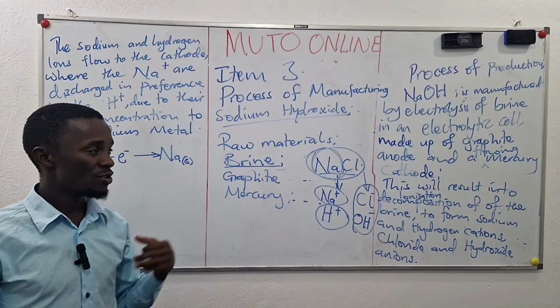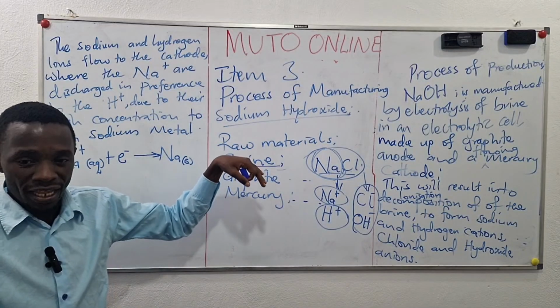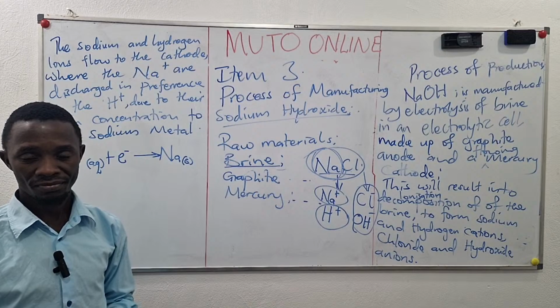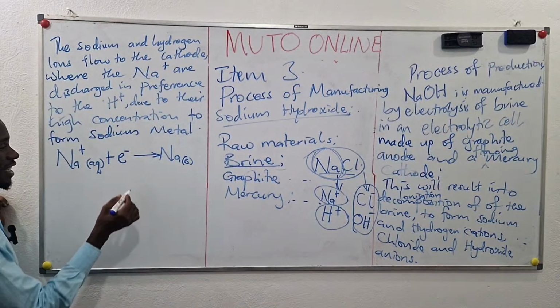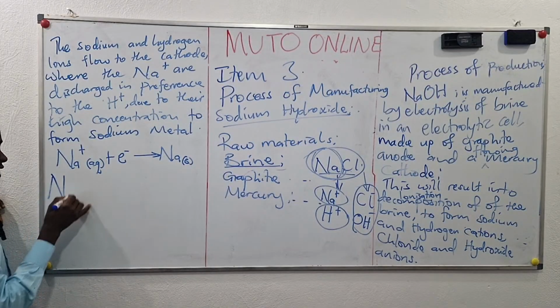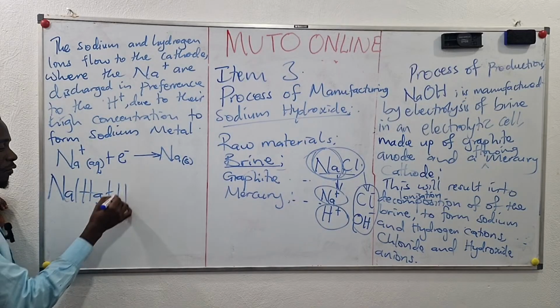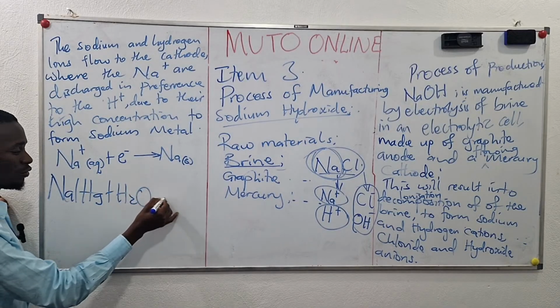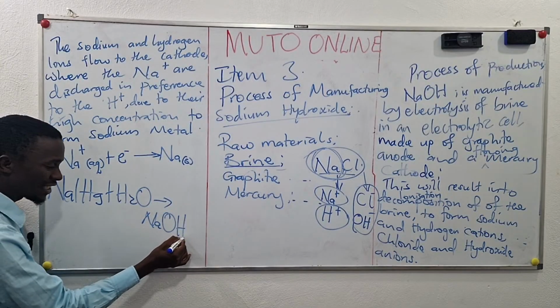Which water? We are talking of the water that was present in the electrolyte. And once dissolved in the water, the sodium amalgam will form the required sodium hydroxide, but in a solution state.